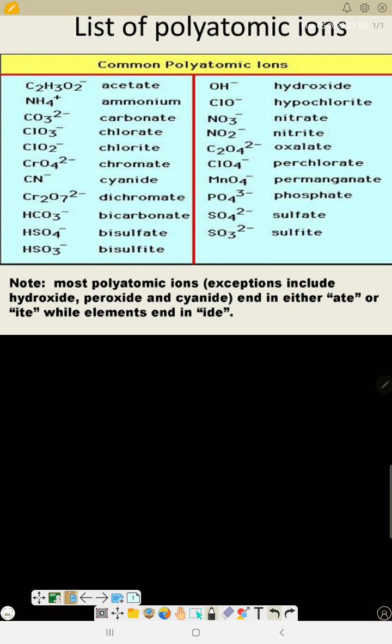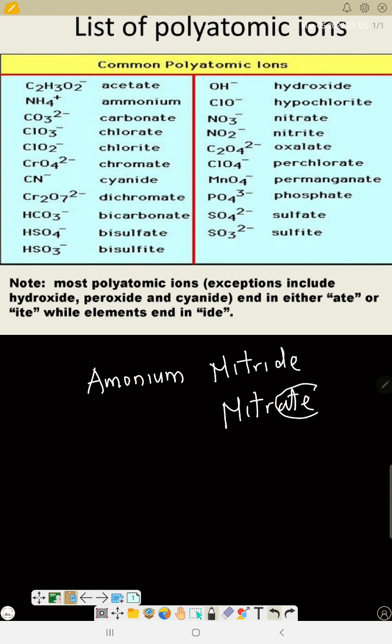Let me do one that you may not know. Ammonium nitride. Now look at this, it's not nitrate, it's nitride. Look at nitrate, so don't miss the difference. If it ends with ATE, then it's a polyatomic ion. If it is IDE, then it's a single element, that is just nitrogen. So take note of the difference.